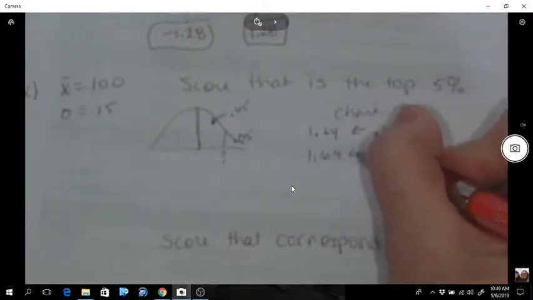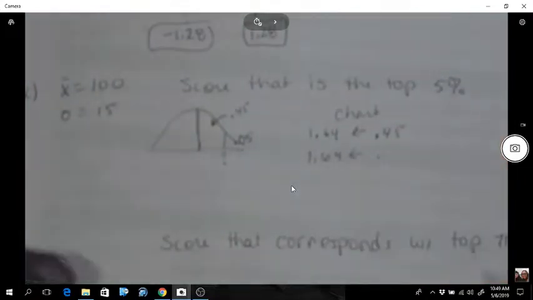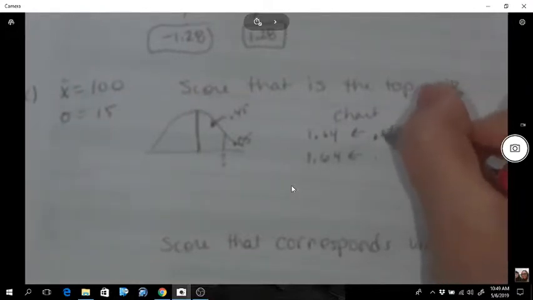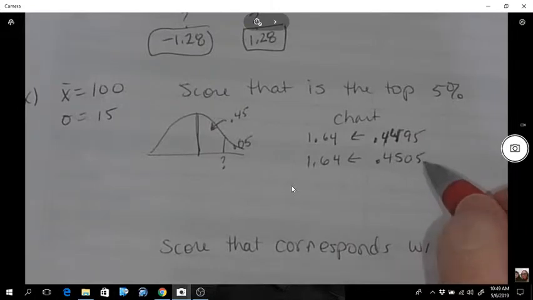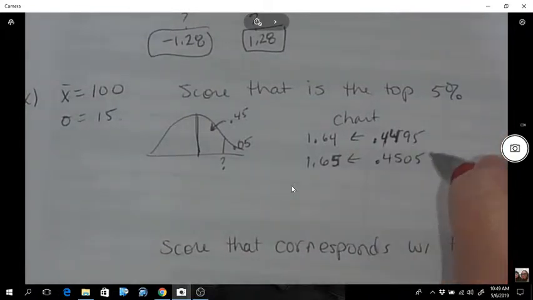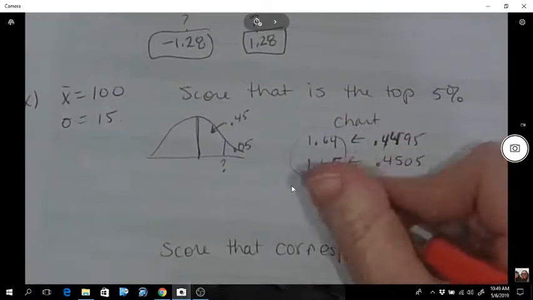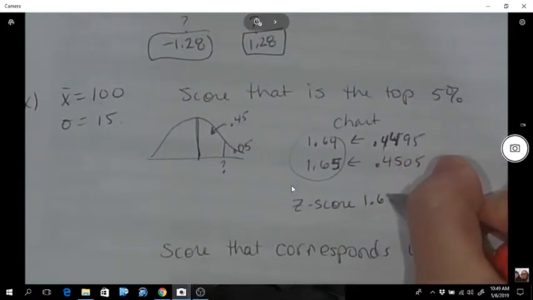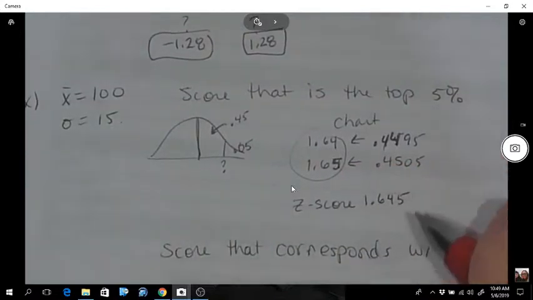Okay. And what did they give us? They gave us right in between where we kind of want it to be. Okay, so when we talk about which one's closer, they're both the same distance away, right? Oops, sorry, this is a 0.65. They're both the same, so we're going to take the z-score of 1.645.